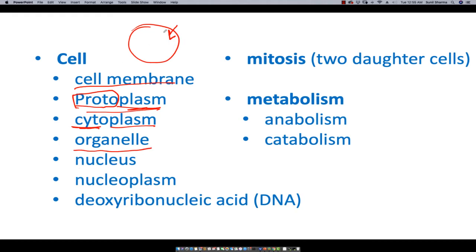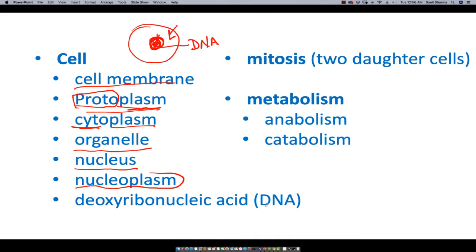And then in the center of it, which is sort of the control center of a cell, we have a nucleus. And inside that very nucleus, we have another form of liquid, and that is an extension of protoplasm, but it's called nucleoplasm. Okay, and then in the center of that, we have what we call the DNA.